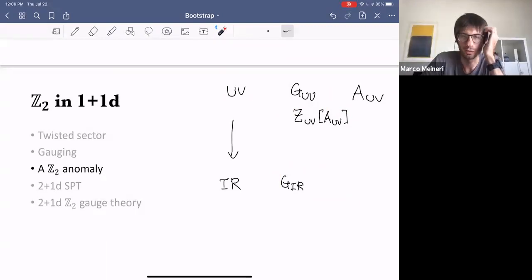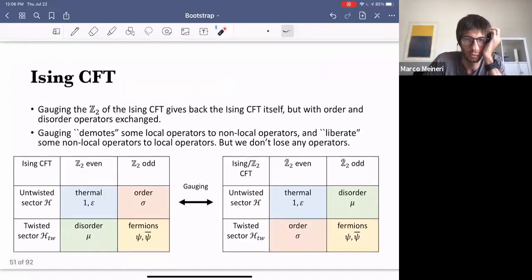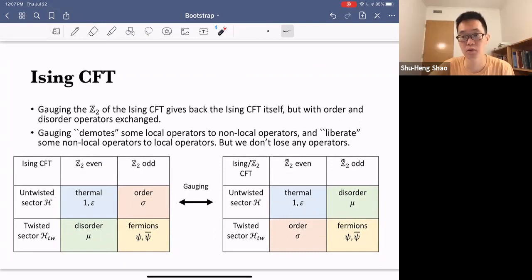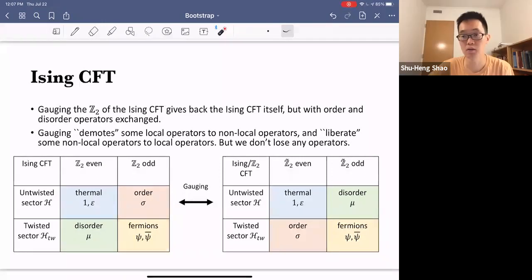Can I ask again about this relation between the two Z2s? So okay, in Ising, this is all more or less clear. You can see it on the lattice, etc. But I did not quite understand how you see that this is general. So for instance, a necessary condition for the dual Z2, the dual symmetry between twisted and untwisted, to be gaugeable so that you go back to the original theory, is that the twisted sector is the old sector you threw away.